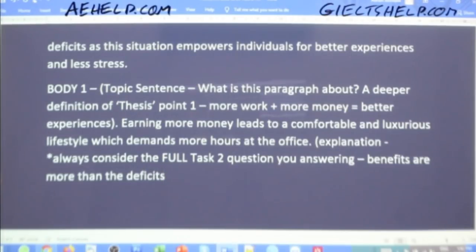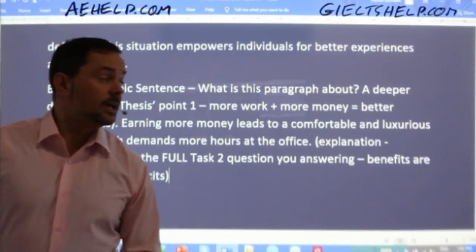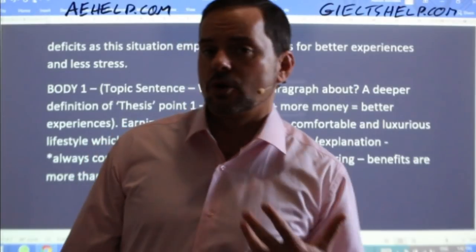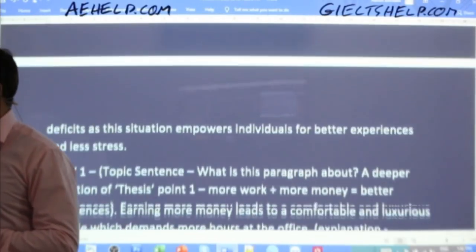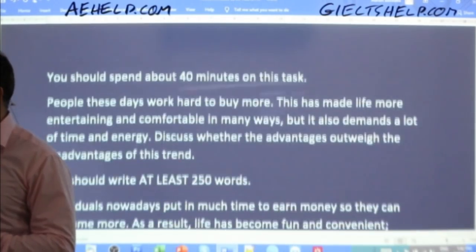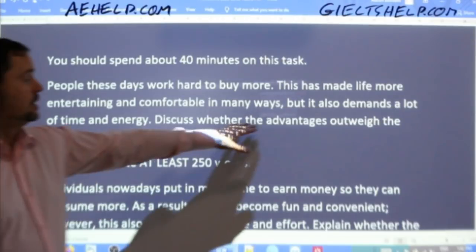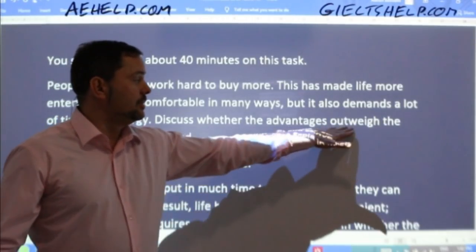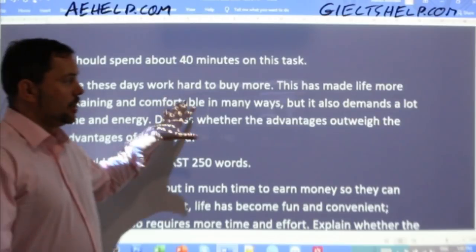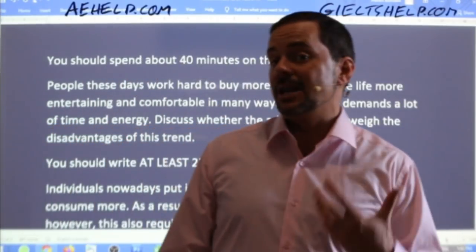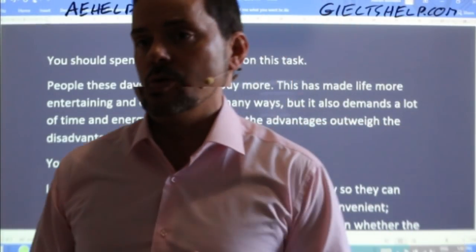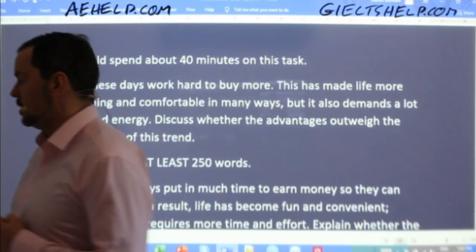One of the common mistakes that I see students making is that as they're developing their body paragraphs, they seem to forget the focus of the question. So this question focuses on the idea of the advantages outweighing the disadvantages, or vice versa, of this trend. So do the advantages outweigh the disadvantages of working more to be able to buy more? And it's absolutely in the explanation of the body paragraphs where you want to emphasize that point of view. So you really, really, really want to keep that in mind, okay?